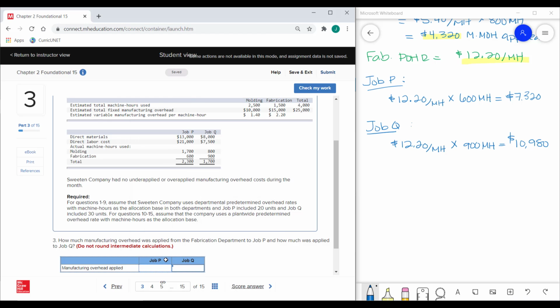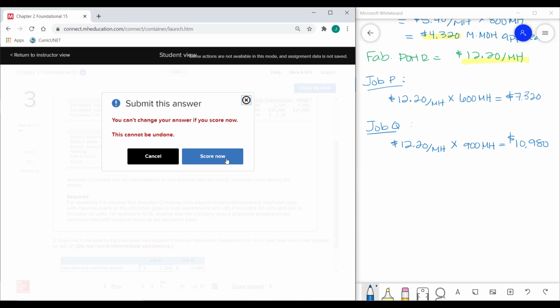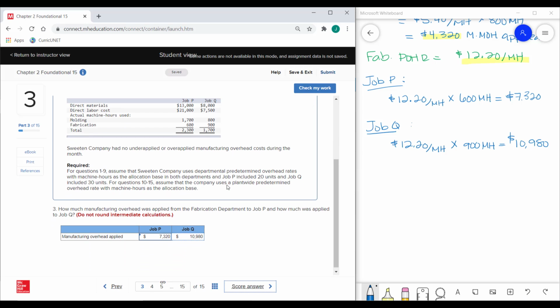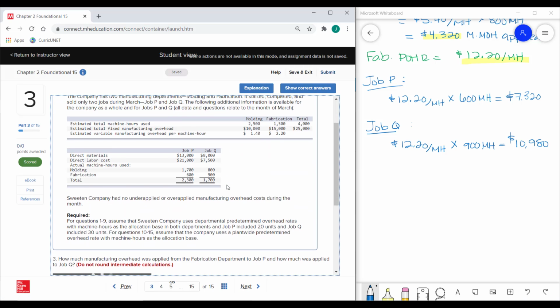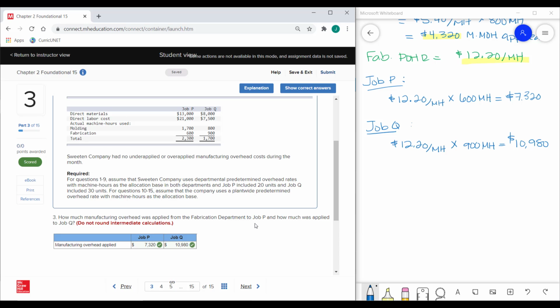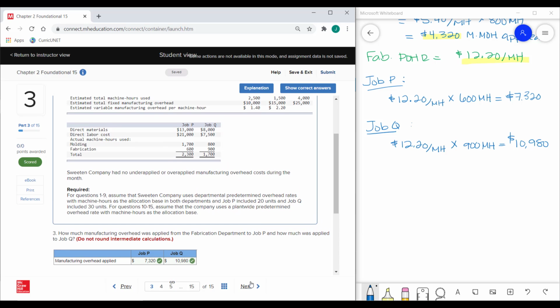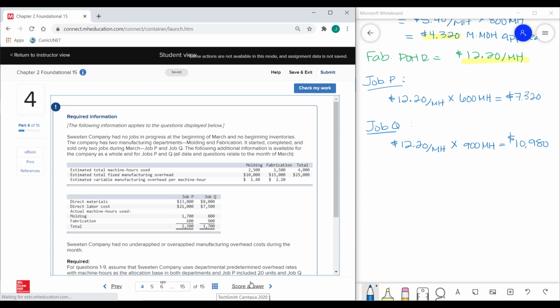All right, so let's add this in. Of the overall estimated overhead from within the fabrication department, $7,320 of it is estimated to be applied to job P, and $10,980 of it is estimated to be applied to job Q. So let's go ahead and score that answer. There we go. Perfect. On to the next question.